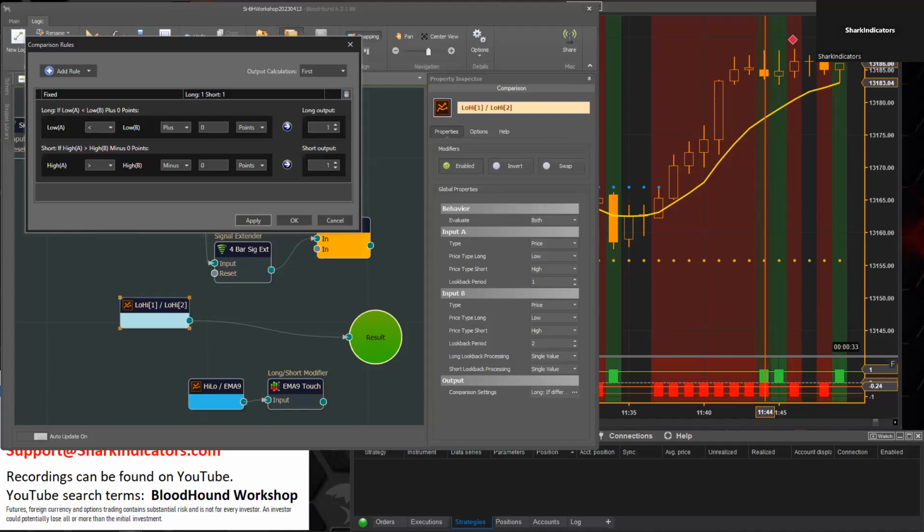We might have to figure out a way to strip out this short signal on the first pullback bar. But when we get to the second pullback bar, there's no short output. When we get to this third bar, remember the high is higher than the previous bar, there's our short signal. That's the short signal of this smooth pullback being violated, and that's what we want to use to turn off the signal extender.